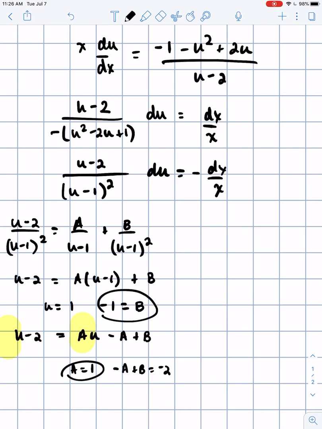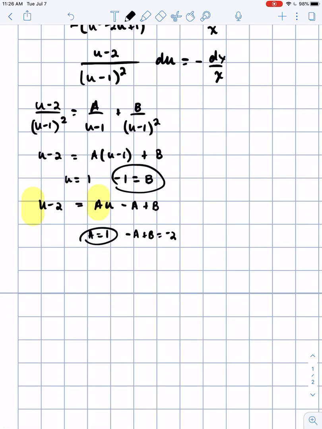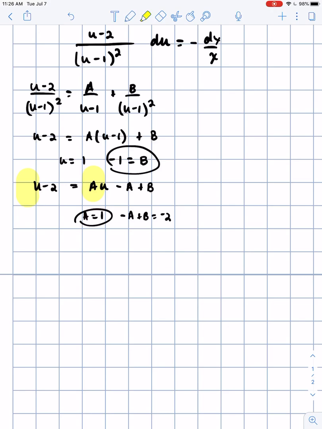All right, now the reason why I did that is because now we can do an integral a lot easier for this left side. Okay, so here I'll have 1 over u minus 1, because a was 1, and then minus, because b was negative 1, it's minus 1 over u minus 1 squared.